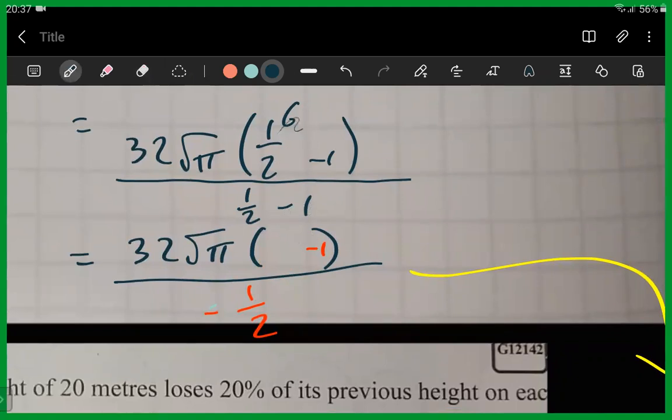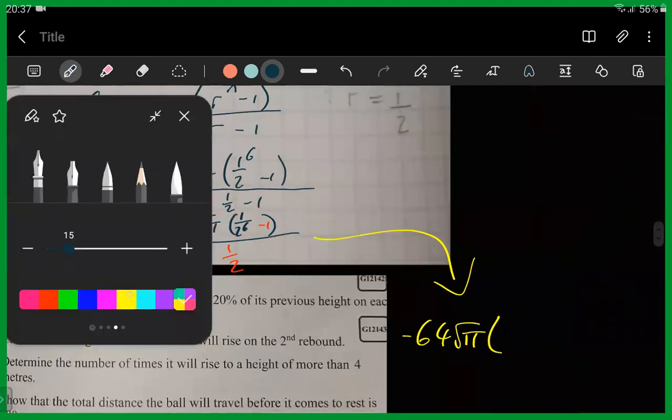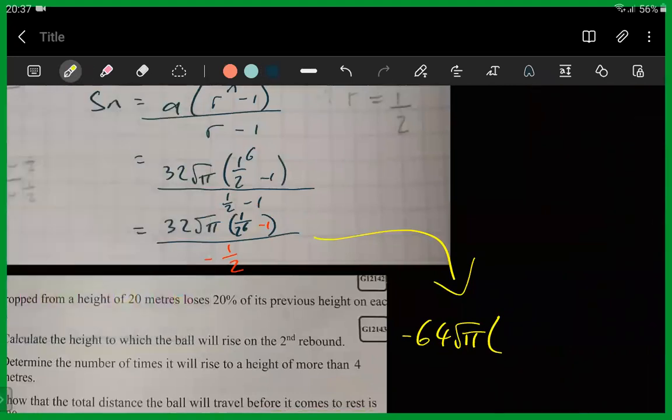We can say 1 to the power of 6, which is 1, over 2 to the power of 6. So that's what we can write the stuff inside the bracket as: 1 over 2 to the power of 6. Do you see that?